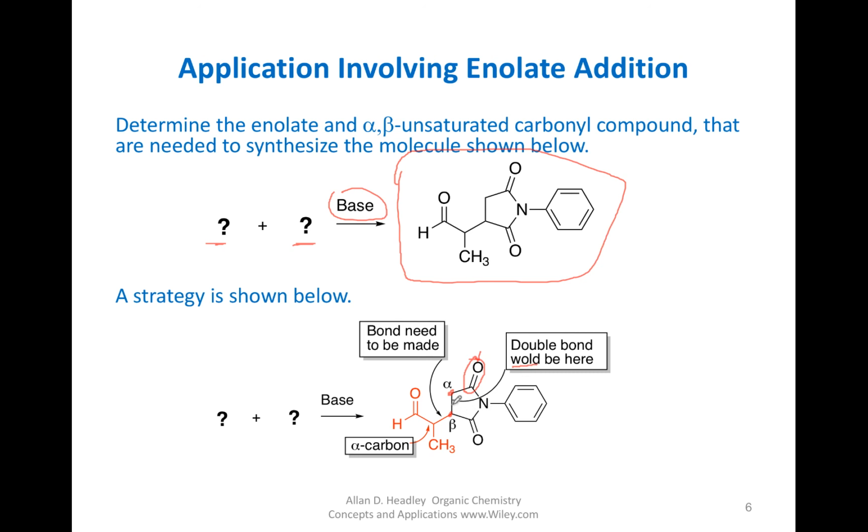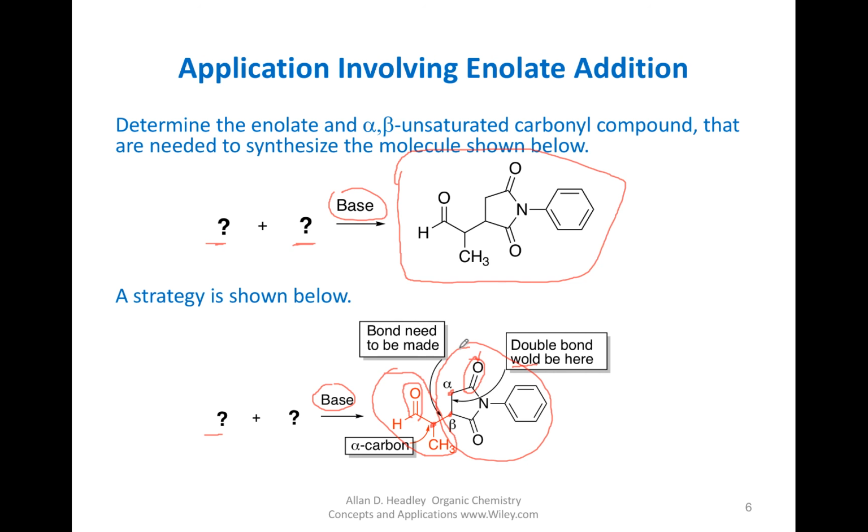So the double bond would have to be right here. Notice again, the other component would be right here. Here's the carbonyl. Here's the alpha carbon of the other molecule. And in the presence of a base, that would be the enolate. So the two component molecules would have to be right here and right here.